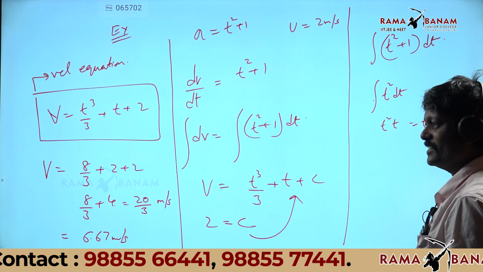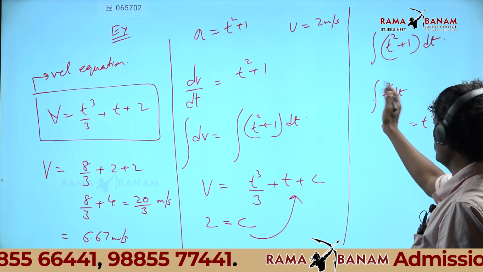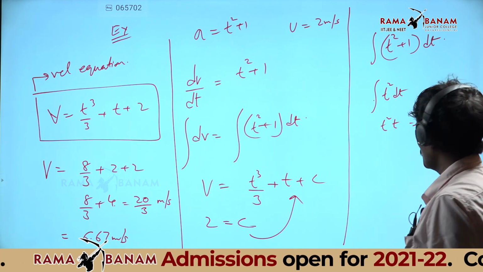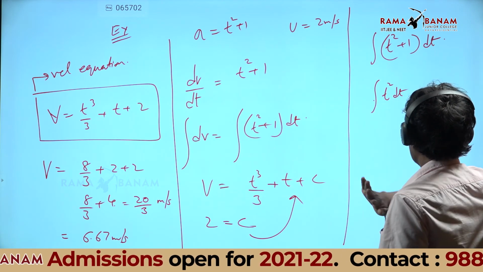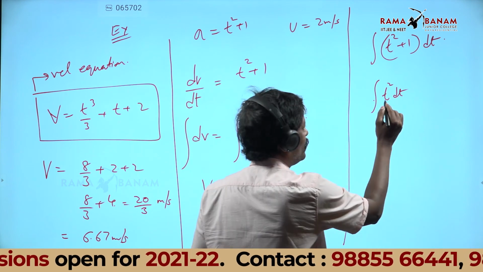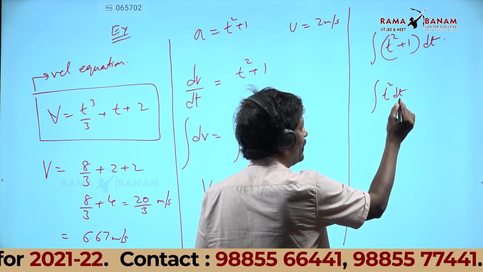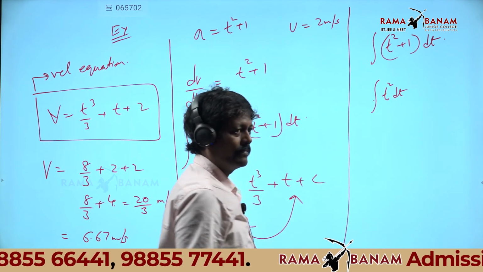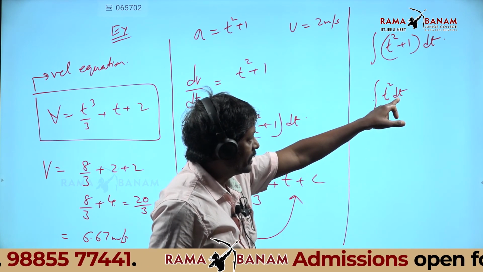You understood what he has done? He made t square as it is dt. T is a variable, so it should not be taken in this way. You should take it as length of the rectangle, breadth of the rectangle. So, integral t square is length, dt is breadth of the rectangle.